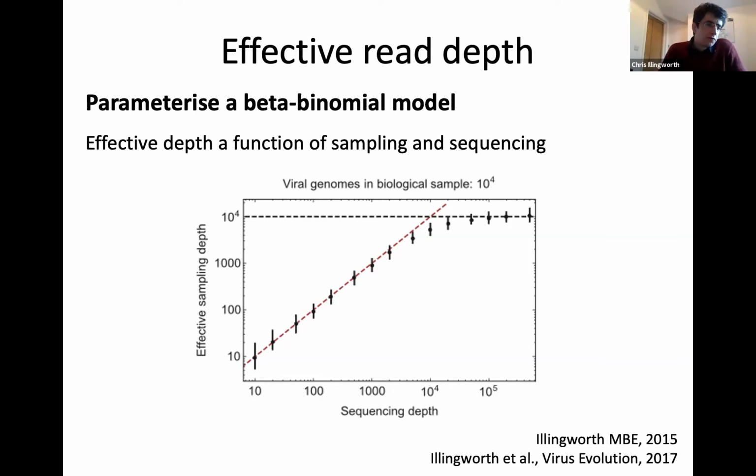So if you've got a variant at say 50% frequency, is that 50% plus or minus 10%, plus or minus 20%, plus or minus 0.5%? Then you fit the variance to a binomial model, and that gives you a kind of effective depth. So if you had perfect sequencing or perfect sampling, what effective depth do you have, so to speak?